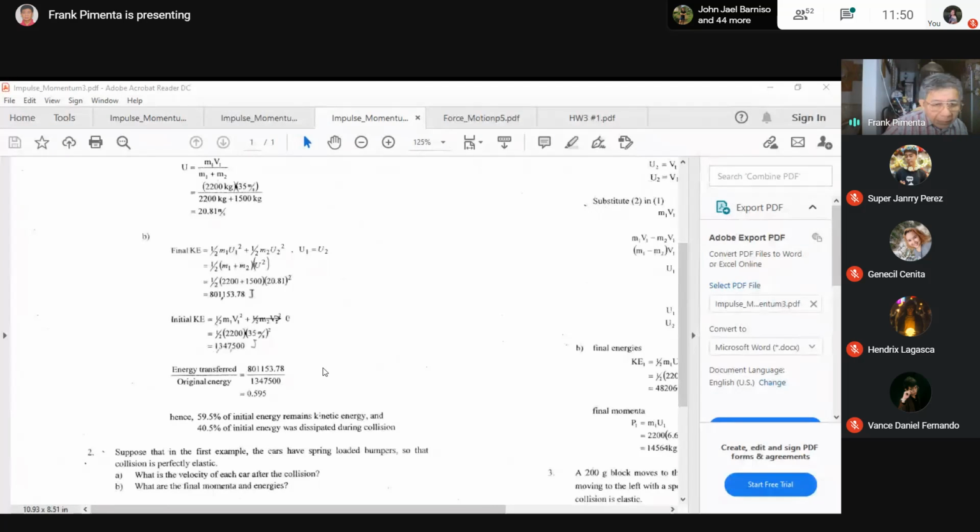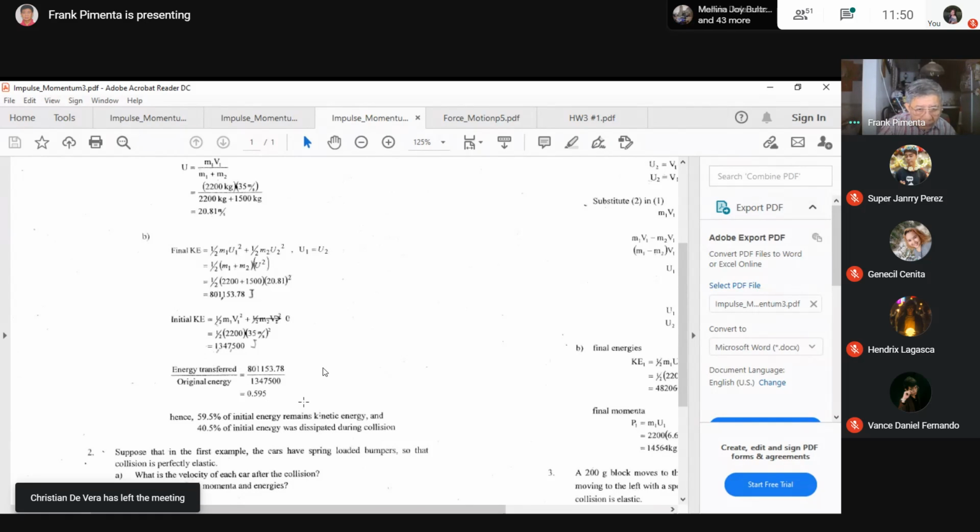Okay, so for the energies, now the ratio, energy transfer, that is the final over the original, the initial kinetic energy. If we get the ratio, this over this one is 0.595 or 59.5%.